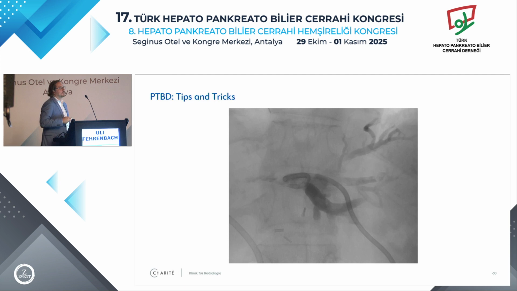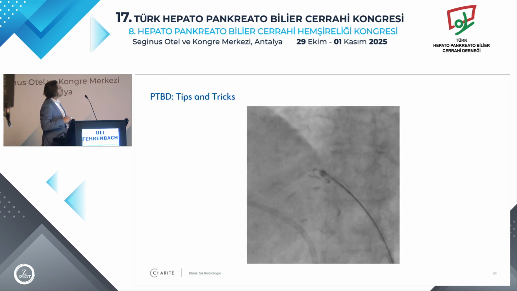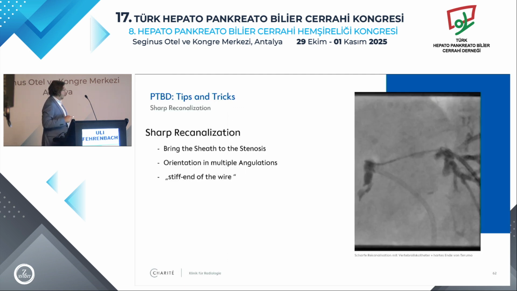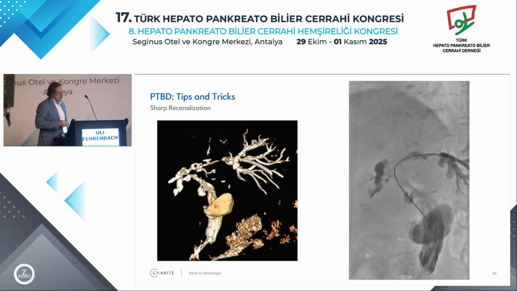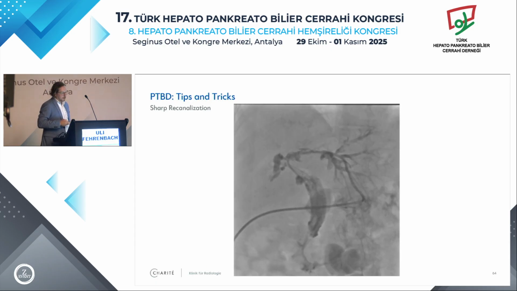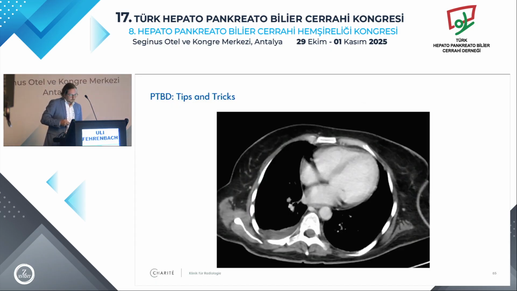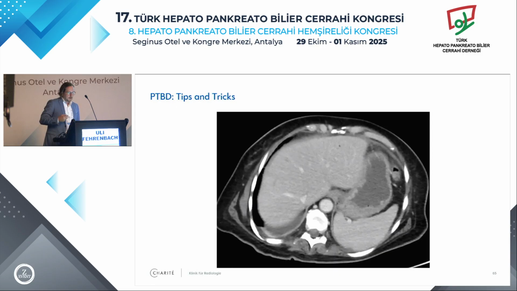It means that you do not cannulate it with the normal wire. You have to use the stiff end of the wire and puncture. And if you have a good planning, like in these 3D pictures, you can reach the main duct again and reconnect the system with the drainage.